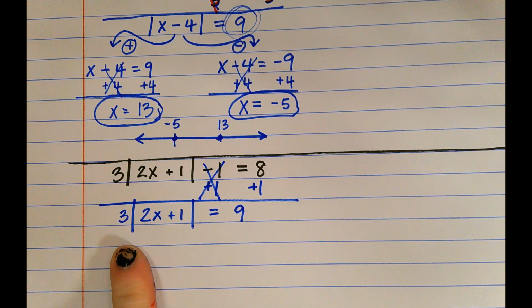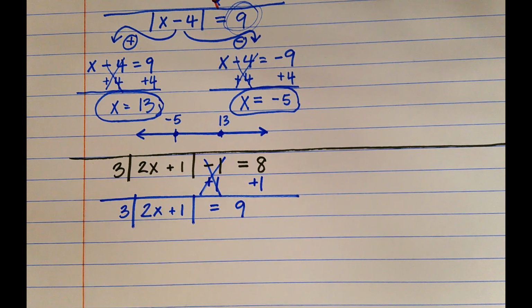Now, are we totally thrown off by the 3? No. What do we do with it? We're going to divide by 3. When there's a 3 outside of absolute value bars, it's just like when there's a 3 outside of parentheses, like when we have distribution. This means 3 times the absolute value of 2x plus 1.